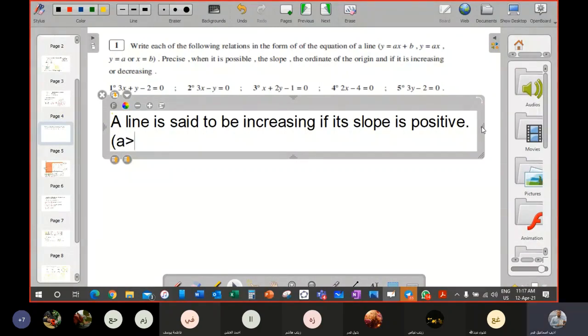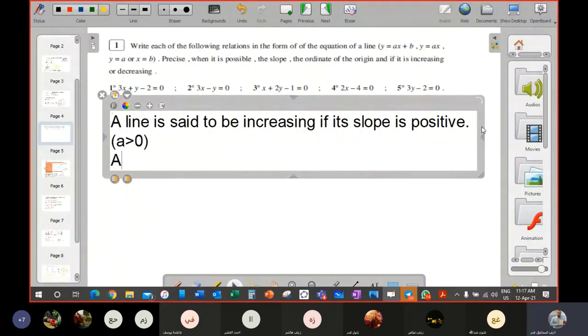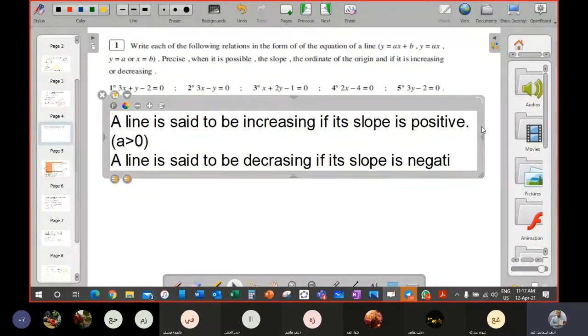And a line is said to be decreasing if its slope is negative, and we have a less than 0.